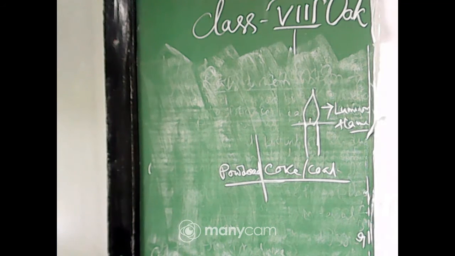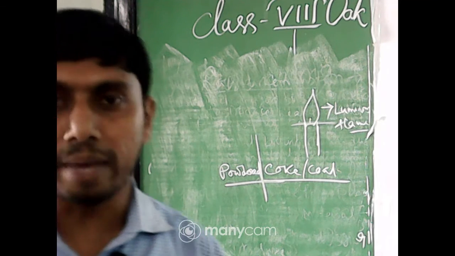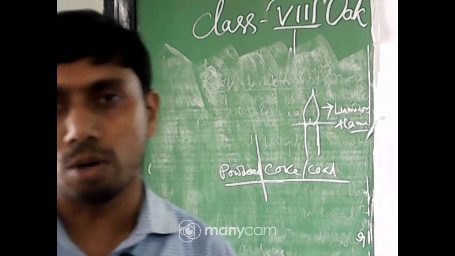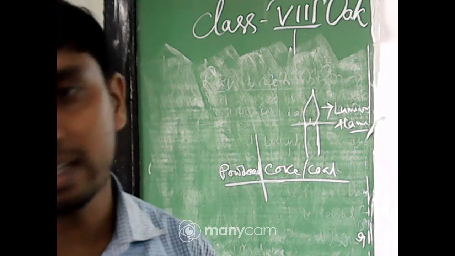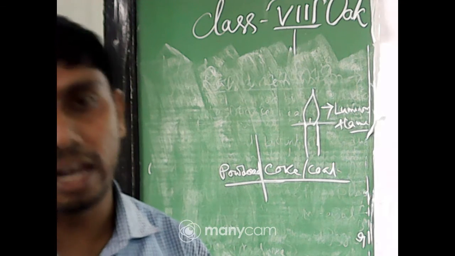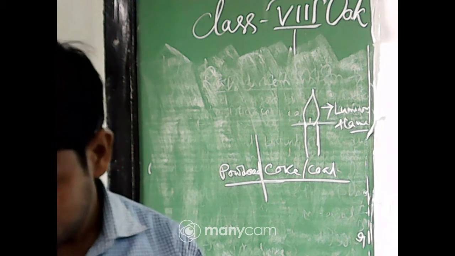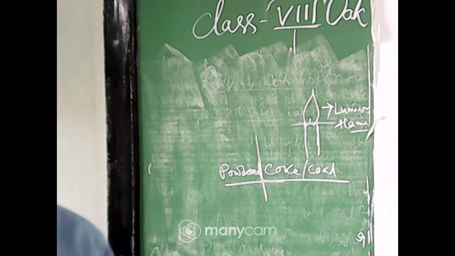It was also discussed in the previous chapter on petroleum. It is due to the pressure and heat in the earth's crust a long time ago. Later on it will be discussed. Let us discuss now the structure of a flame.